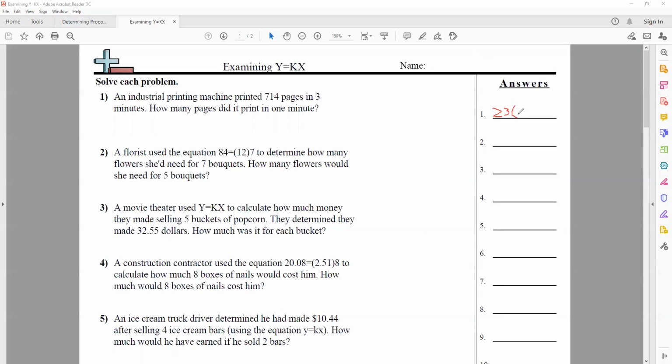236. Okay, so how did you come up with 236? So it said an industrial painting machine printed 714 pages in 3 minutes. So it asked how many pages did it do in 1 minute. So I just did 714 divided by 3.